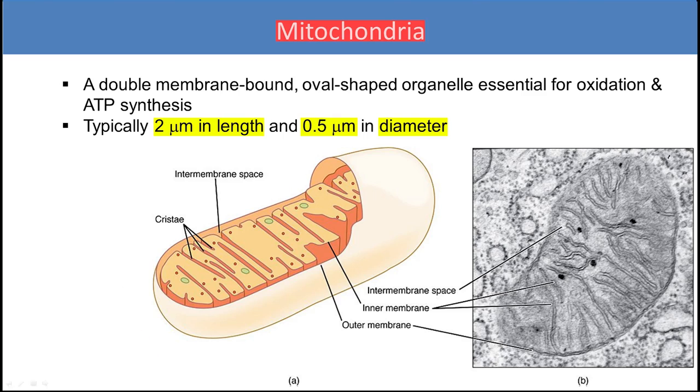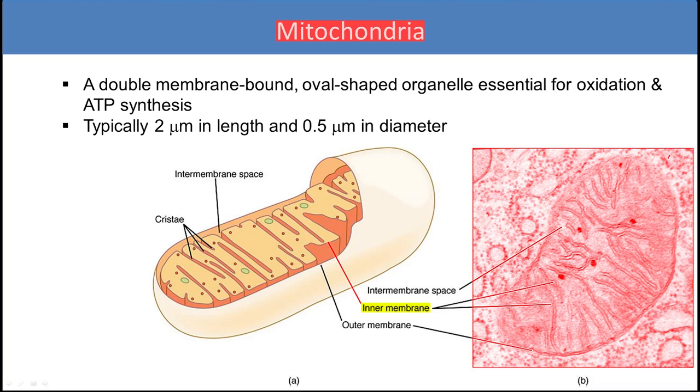We are looking at the diagram, and this is a transmission electron micrograph of mitochondria. As you can see, this structure is membrane bound. There is an outer membrane, and another membrane inside, the inner membrane, and there are 2 compartments in terms of space.